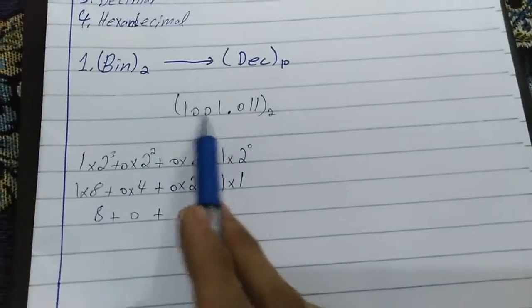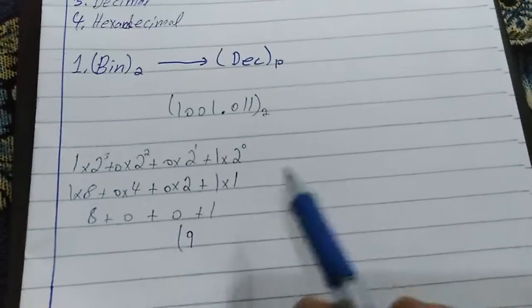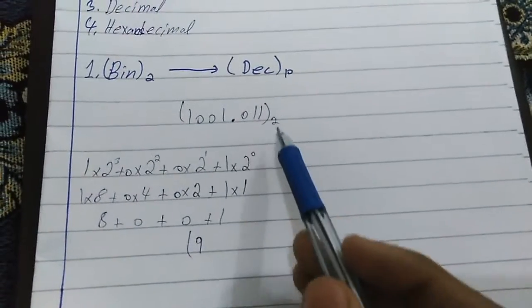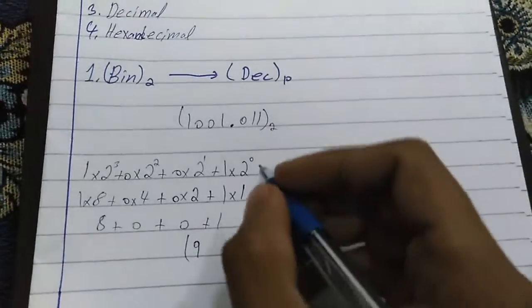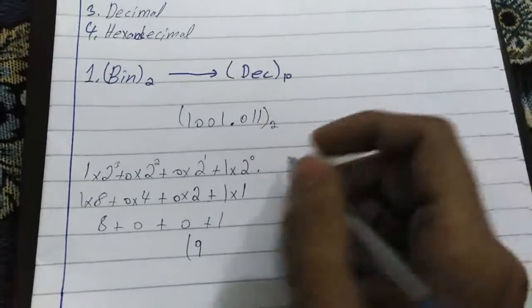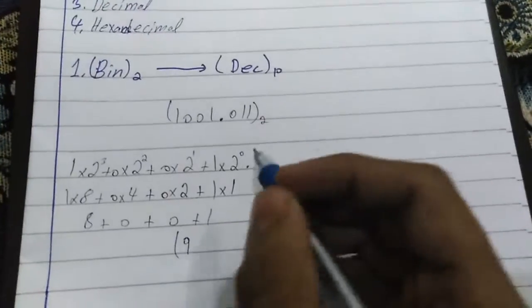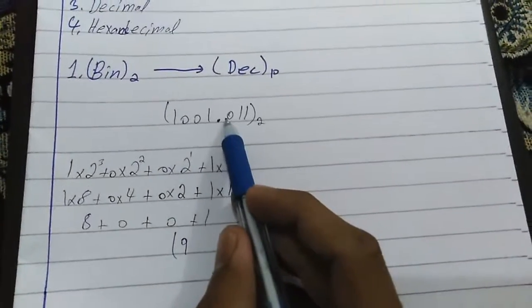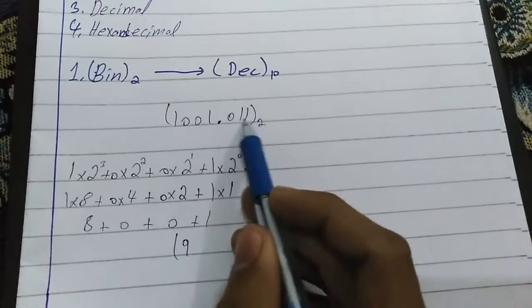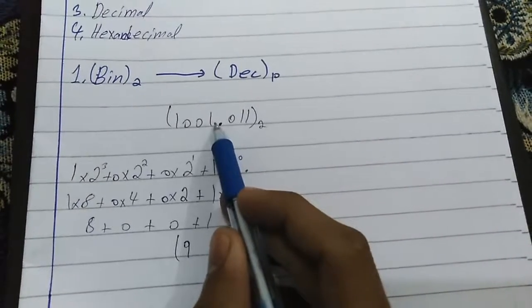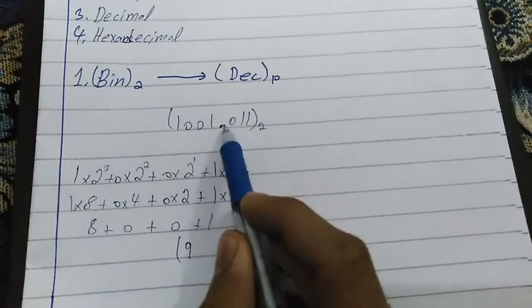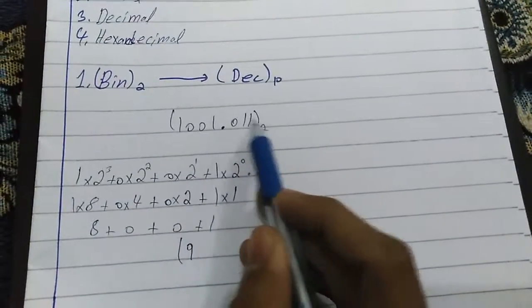We have converted this portion first. Now to convert the portion after the decimal point, it is not compulsory to point out the decimal here, but now it is converted from left to right. This was from right to left, and this is converted from left to right.